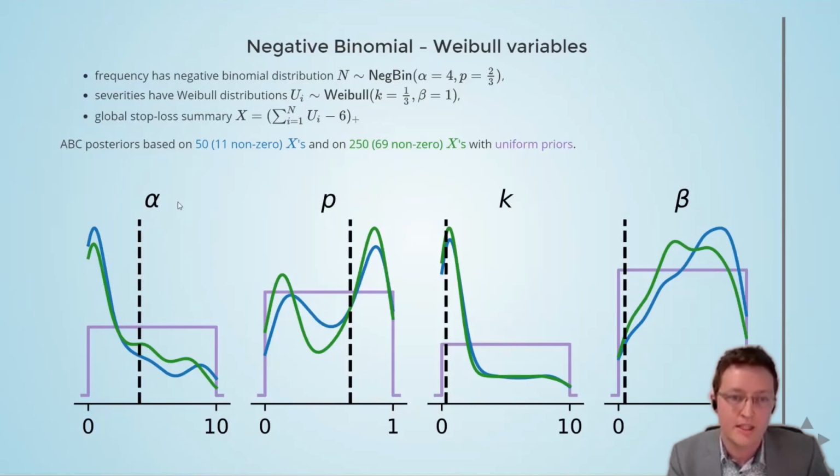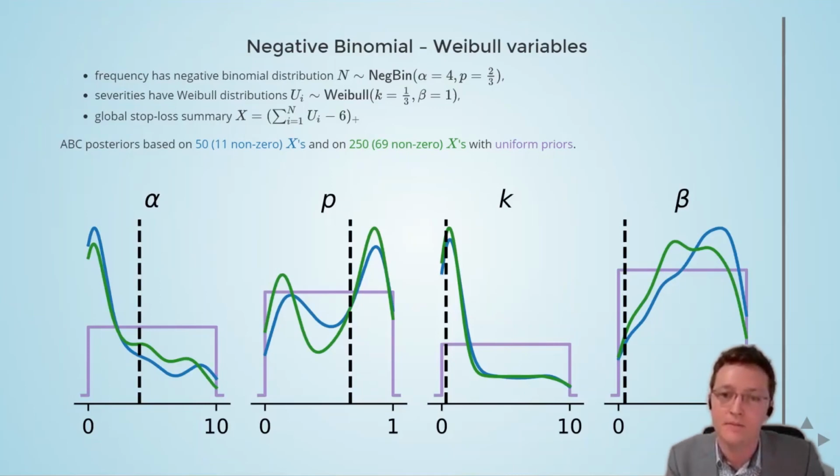So here it's coming up with the idea that the frequency scale parameter is much smaller than it really is, but it compensates by having the severity scale parameter be much bigger than it really is. Because we've mashed together all the variables, it's a bit hard to disentangle sometimes.